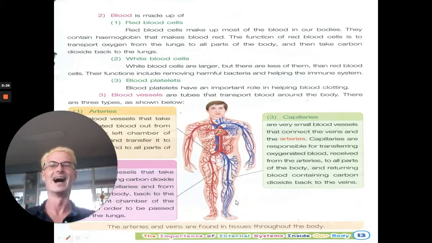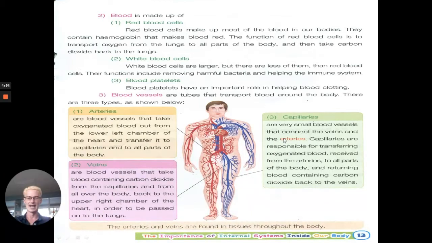Right? I hope so. Well, the second part of our blood is white blood cells. So, what do we have about white blood cells? White blood cells are larger than red blood cells, but there are fewer of them.